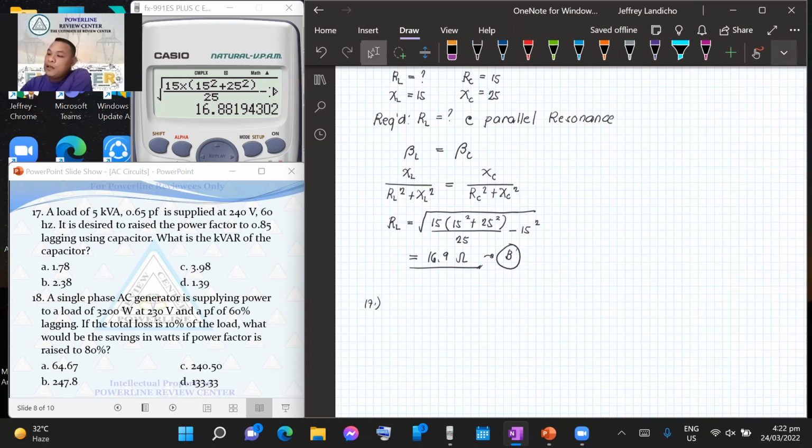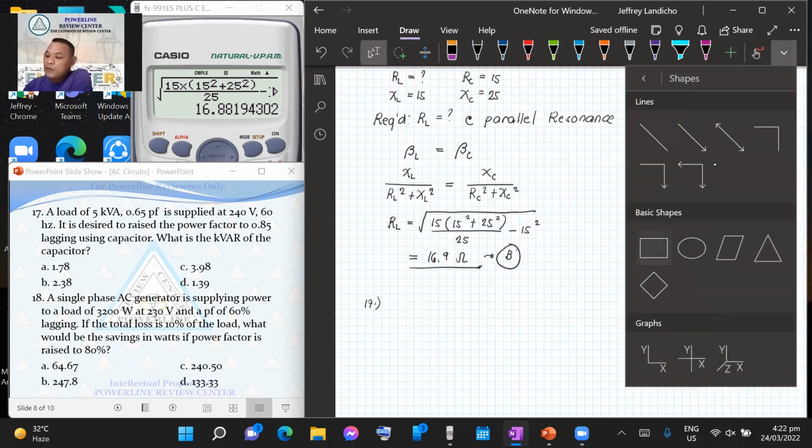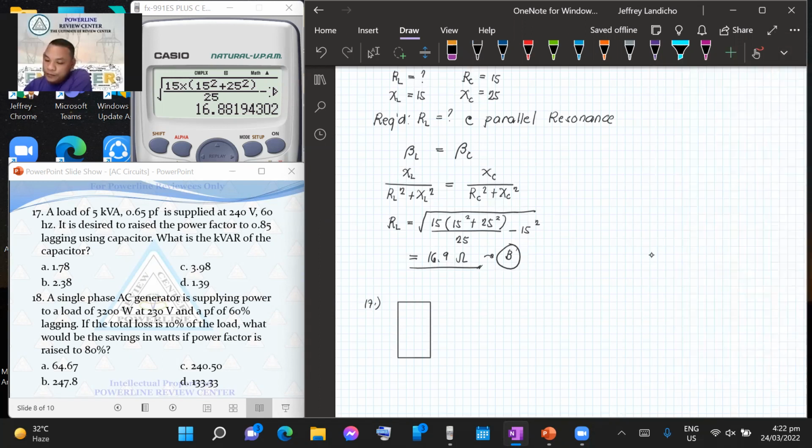Kapag kinuha natin yung equivalent circuit initially of our load, so we have only inductive load, no? So pag inductive, kunin natin yung kanyang equivalent circuit. So para lang tayo merong series RL.